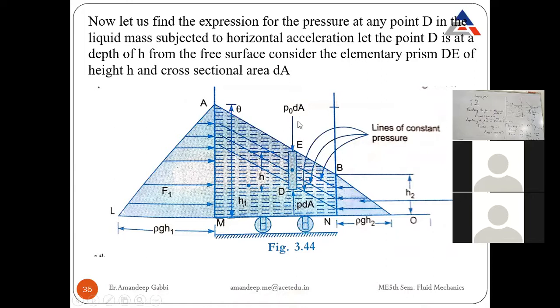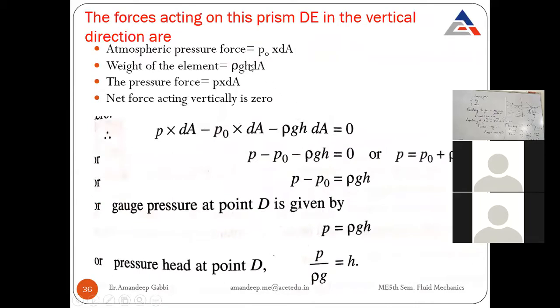If you multiply h into dA, it forms a volume. If you multiply volume with the density, it makes a mass. If you multiply mass with gravity, it makes weight. So that is the weight of the element.